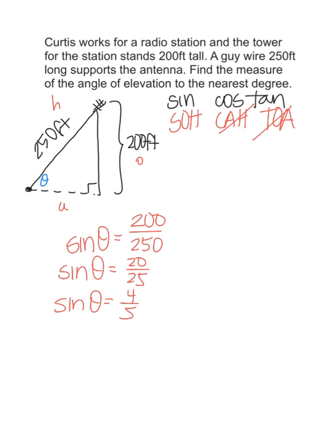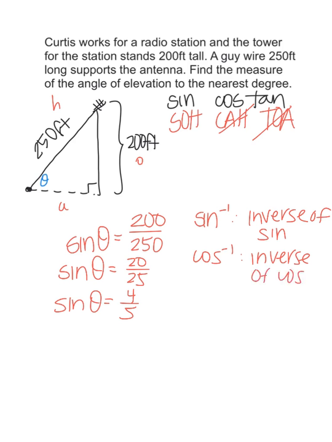But there's an even easier way to do it, and that's where we talked about that function called the inverse sine. So this is the inverse of sine. Just like cosine to the -1 is the inverse of cosine, and then tangent to the -1 would be the inverse of tangent.